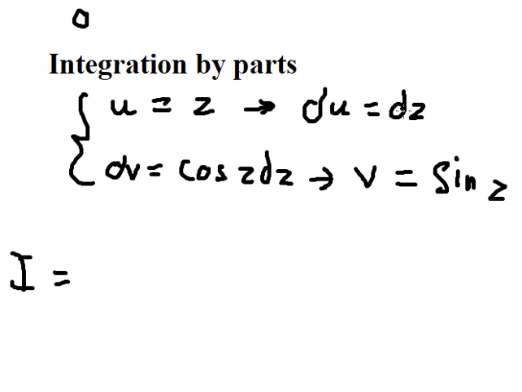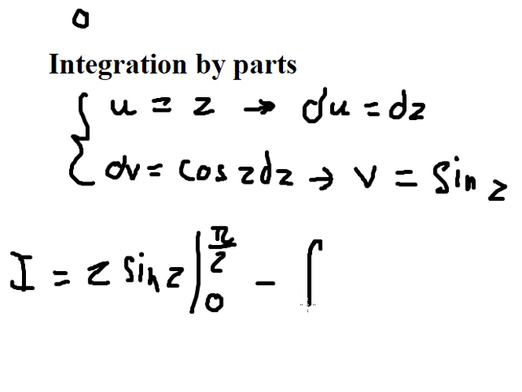So we have u multiplied by v, minus the integral of v multiplied by du.